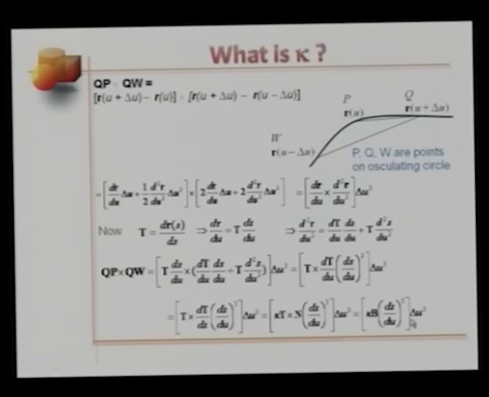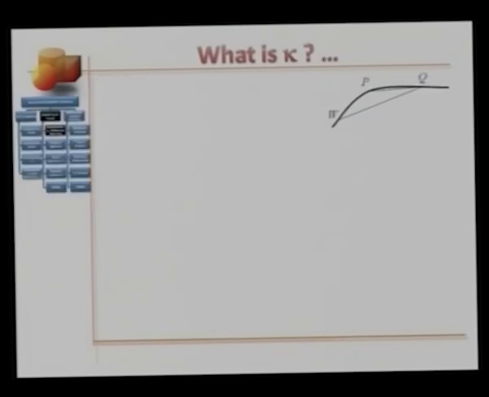Let's retain this result. We are going to be using this in the next slide. Back to this figure here. We have a curve and points P, Q, and W with position vectors R(u), R(u + delta u), and R(u - delta u).